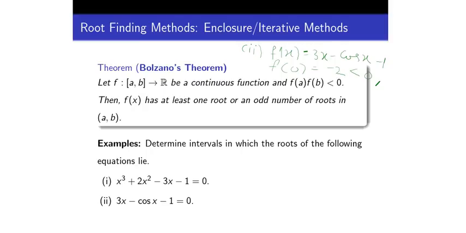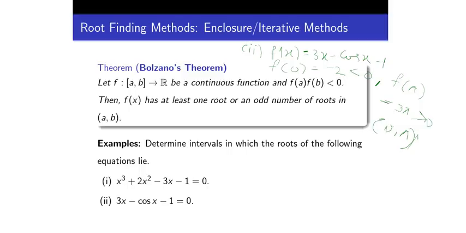What about f of pi? That is equal to 3 times pi minus cos pi. Cos pi is minus 1, so minus minus is plus, so plus 1 minus 1, that is 3 pi, which is greater than 0. So the interval is 0 to pi, by using Bolzano's theorem.